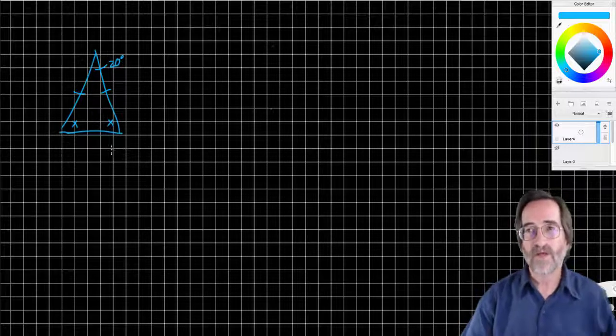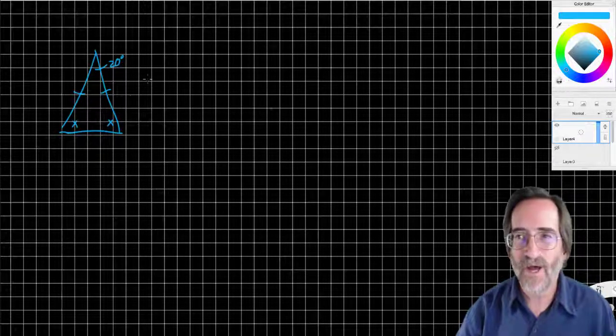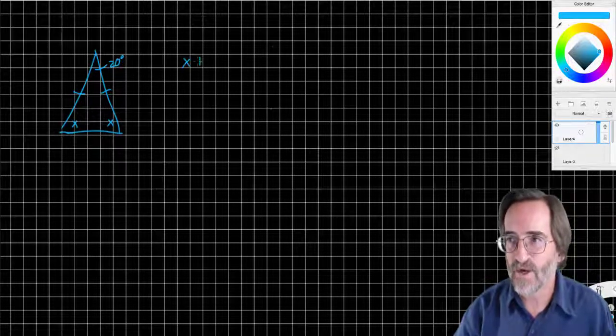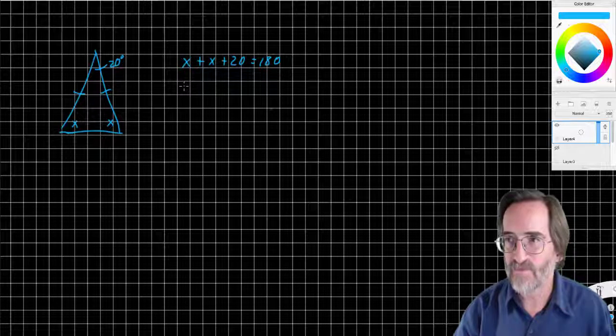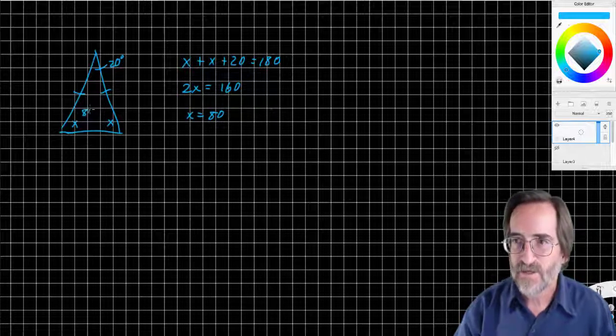Pair that with the idea that the angles of any triangle add to 180, and I can write this equation: x plus x plus 20 equals 180. Subtract 20 and add x plus x to get 2x. We get 2x equals 160. Divide by 2 and x equals 80. So the remaining angles must be 80.